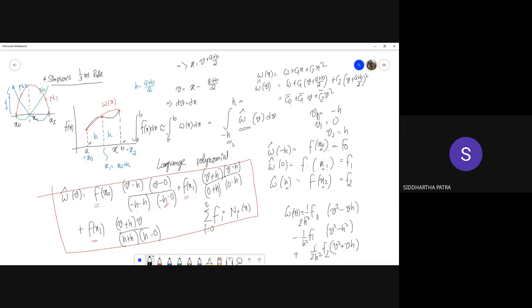You see, it's an integration from a given minus limit to the same quantity in positive. Now if you look at the expression for w hat, you do realize that this quantity and this quantity are odd functions in v. They are linear in v, hence they are odd functions in v. And no odd function has ever survived integration from minus h to h for any arbitrary h.